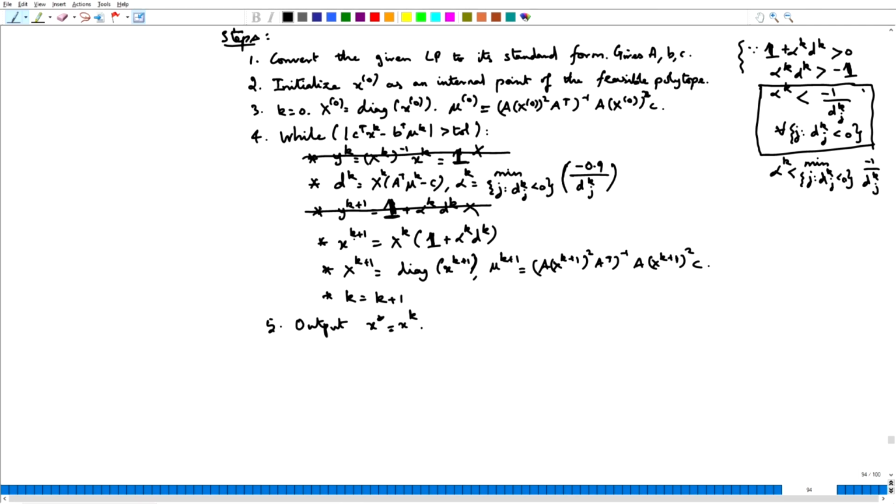Now you need to get ready for the next step. Since you calculated x 0 and mu 0, you are calculating x k plus 1 and mu k plus 1 here. And that is the whole algorithm. All right, so we will work out some examples.